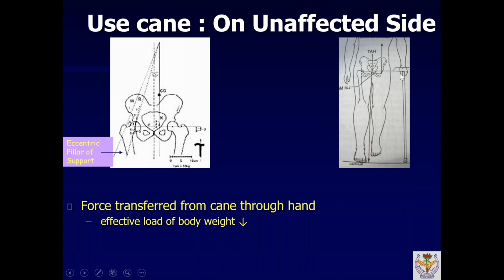It creates a turning moment of force, and this whole lever arm gets turned on that side by this equal and opposite force, and that helps generate a seesaw. Somebody is giving a push from this side. So it has been seen that the force transmitted from the cane decreases the body weight effectively and relieves the hip pressure.